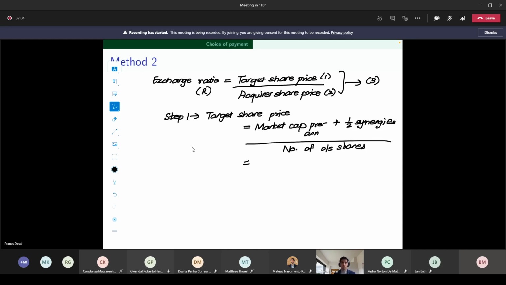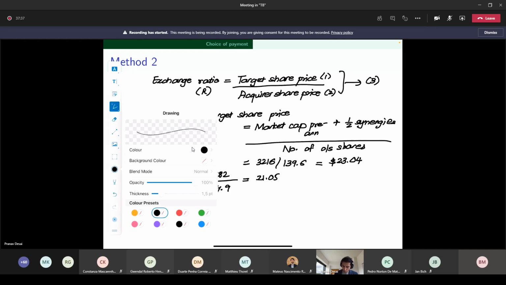If we plug in all the values that we already did in the previous slide, that's 3216 divided by 139.6, which gives us $23.04. Do the exact same thing with the acquirer share price, a calculation that I leave up to you. That works out to 3682 divided by 174.9, and that works out to 21.05.